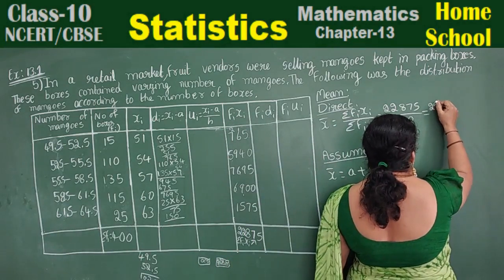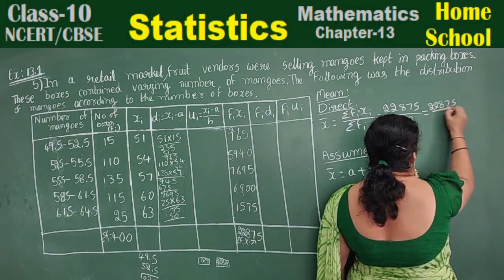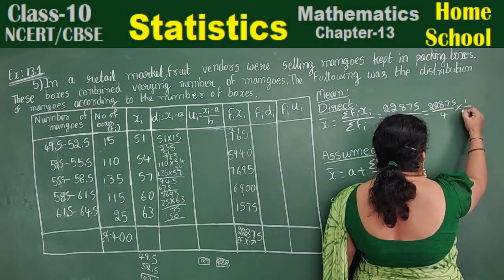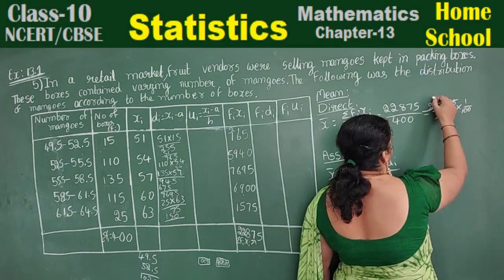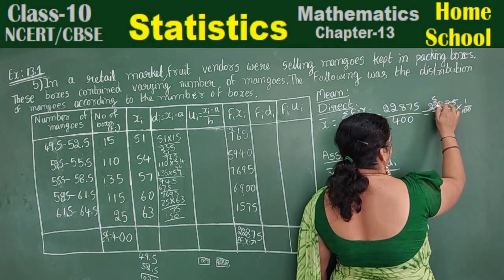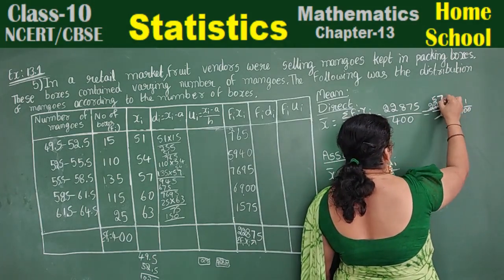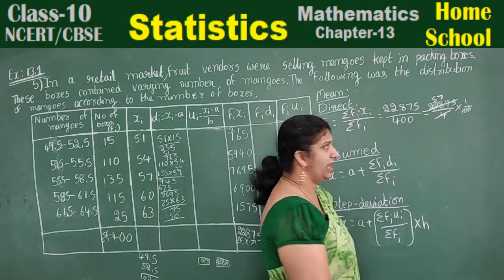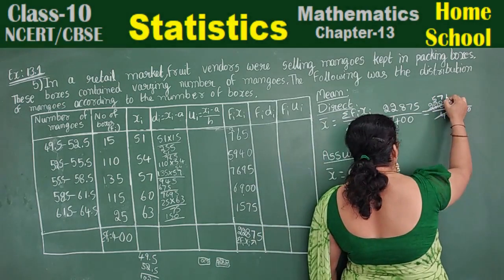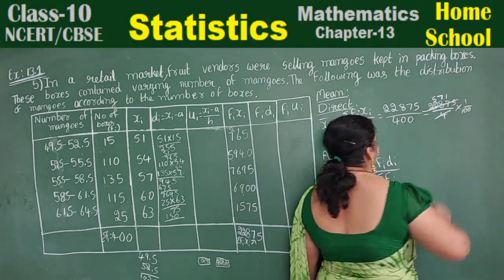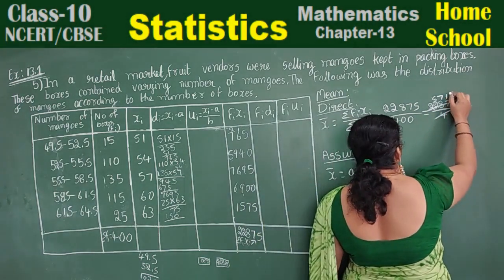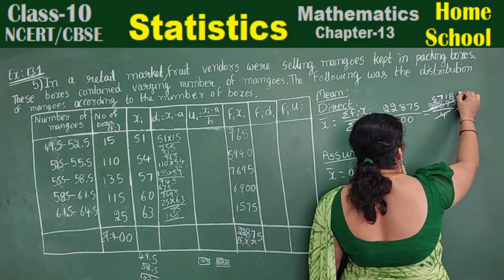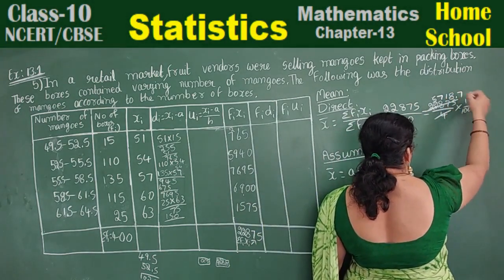How can we cancel? 22,875 by 4 into 1 by 100. Split 1 by 100 aside and now divide. 4 fives are 20. 4 sevens are 28. 4 ones are 4. Then 35 is left. 4 eights are 32. Then again 30. 4 sevens are 28.